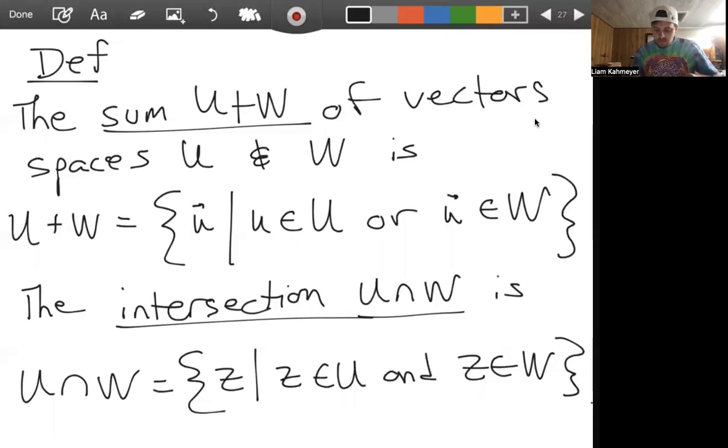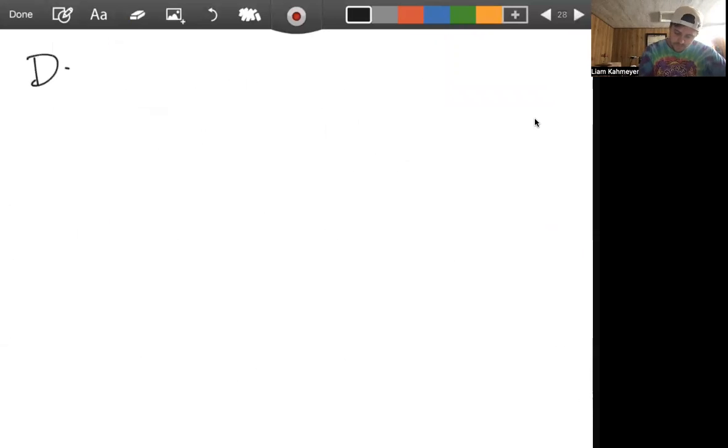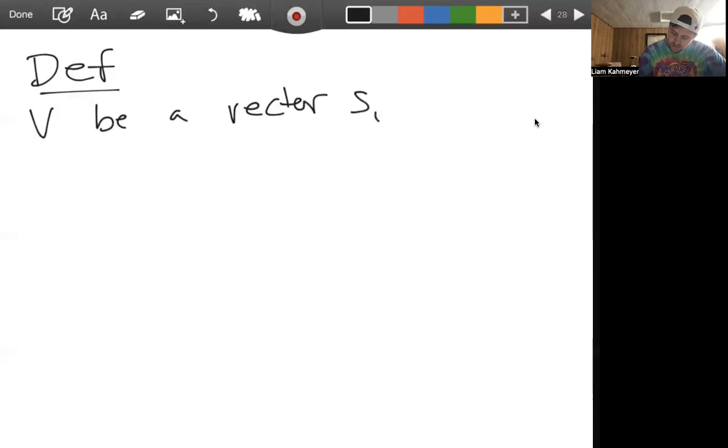And so there's some additional structure that's going on. There's a very, very important type, if you will, of vector sum, and that's the direct sum. So let's let V be a vector space with U and W. So let's say U and W are both contained in V. These are vector subspaces.